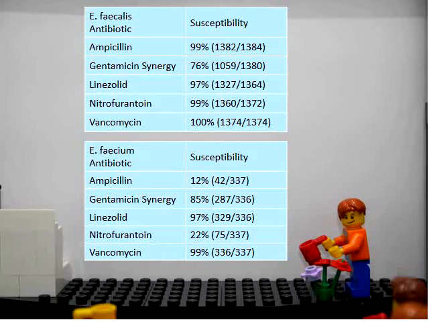Now, it's intrinsically resistant to many different types of antibiotics. And it's not that it actually is affected by the antibiotics, it's that the other organisms that reside in the bowel as part of the normal flora have their composition altered. And the balance of power in the colon then tilts towards Enterococcus.